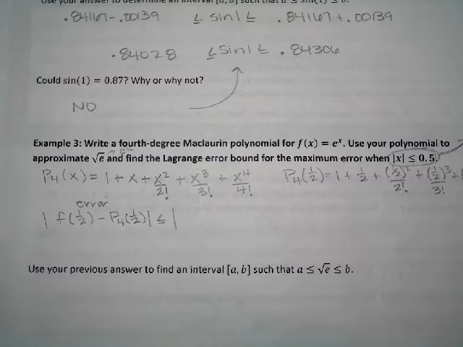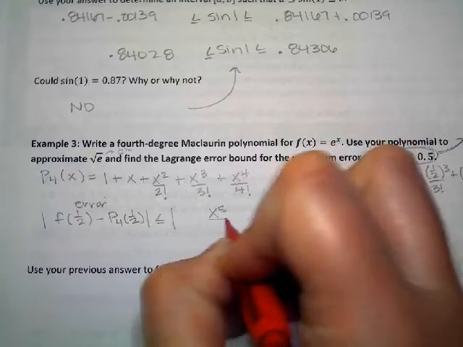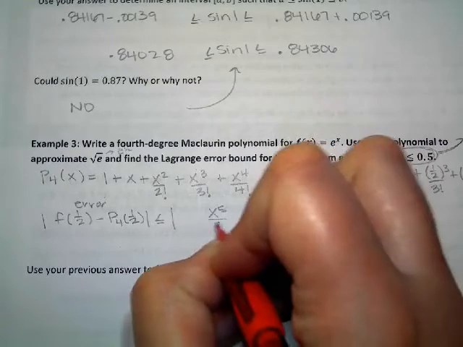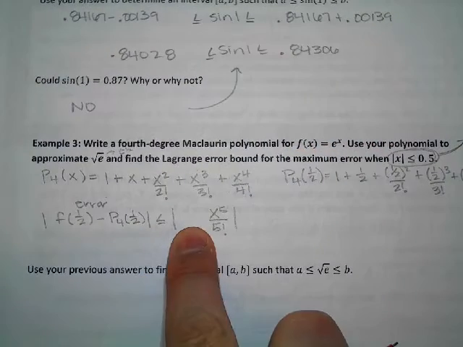You don't have to think about Lagrange, just think about how we created the next term when we were creating polynomials. It's going to be x to the 5th over 5 factorial. And then what always goes in front whenever we have a Maclaurin or Taylor polynomial?